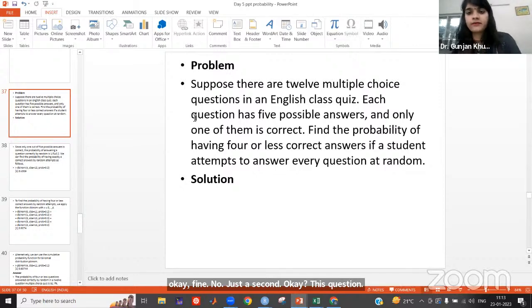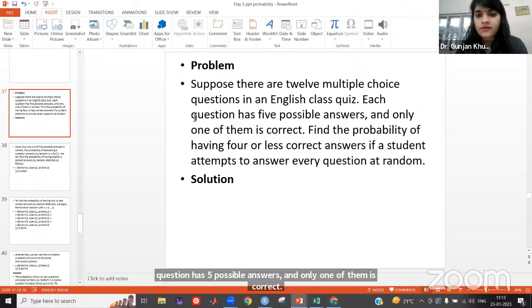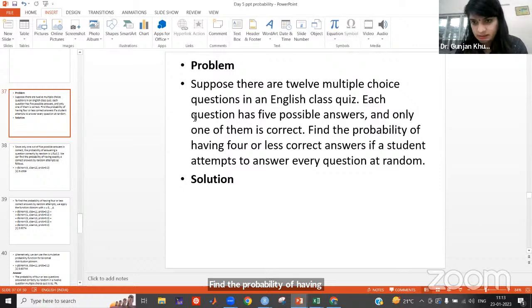Suppose there are 12 MCQs in an English class quiz. Each question has 5 possible answers and only one of them is correct. Find the probability of having 4 or fewer correct answers if a student attempts to answer every question at random. So all of you tell me the answer only, okay?